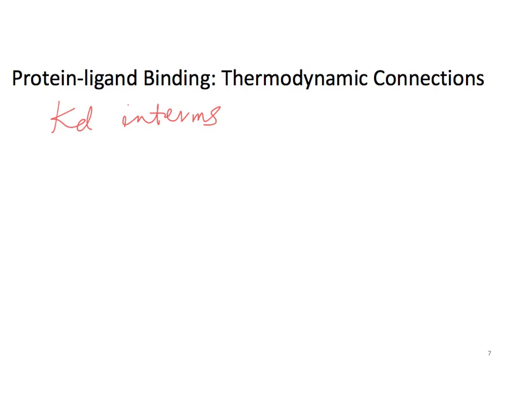So let's do it in terms of thermodynamics. We're going to mostly just consider enthalpy. There is an entropic seesaw between getting the ligand bound and releasing all the waters, yet constraining the movement of the ligand by binding. So let's just consider enthalpy here.